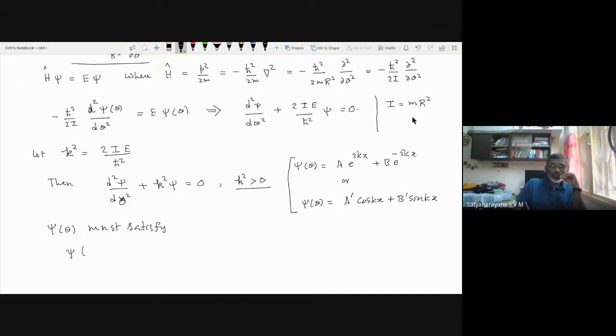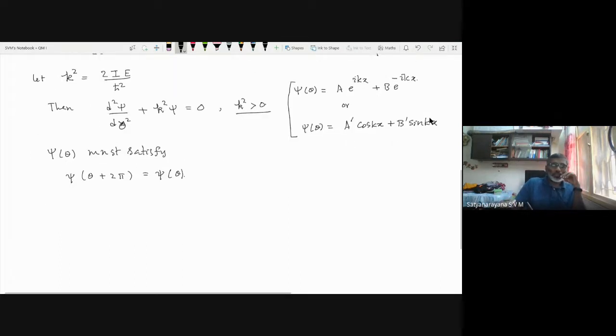That means psi of theta plus 2 pi should be same as psi of theta. Now, implementing a boundary condition like this is easier in terms of an exponential. So, let us try to take one of the solutions.